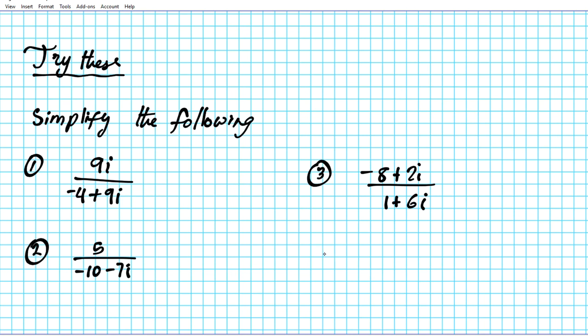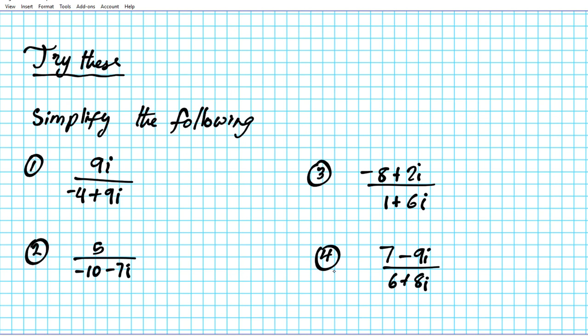Number 4, what if you have 7 minus 9i divided by 6 plus 8i? Alright, go ahead and pause the video and try out these 4 problems, and then we will be displaying the answers momentarily.